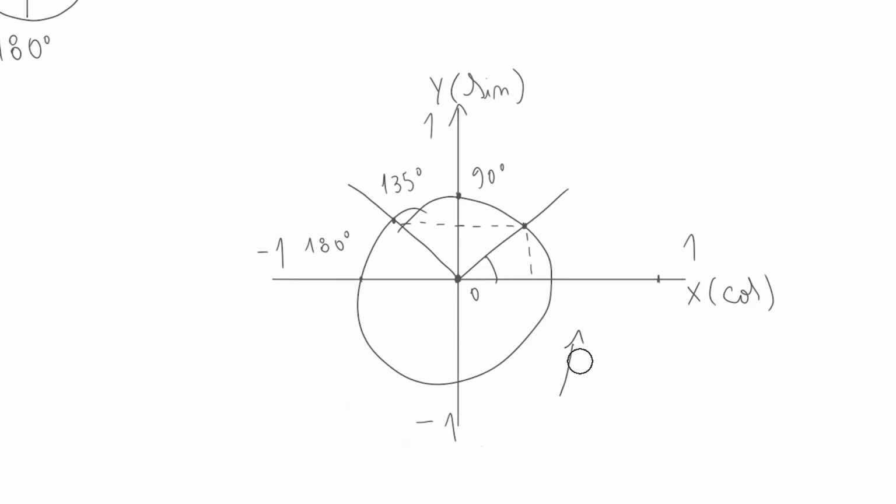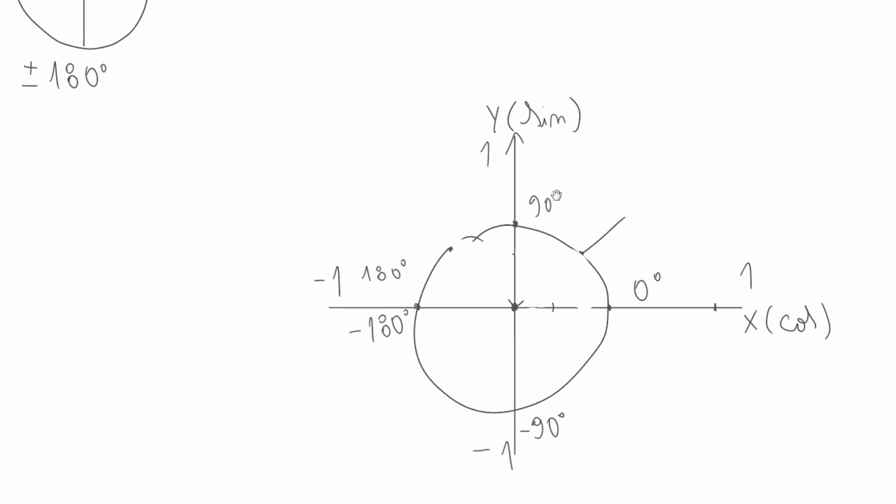But in some way here is 180 degrees, here is minus 180 degrees. The same here, 90 degrees, and here 0.